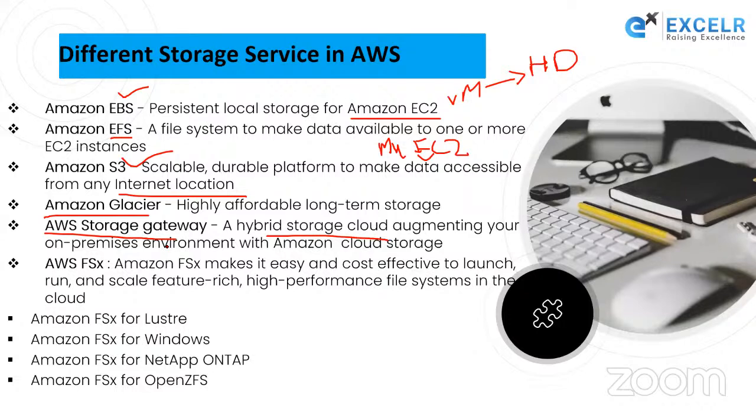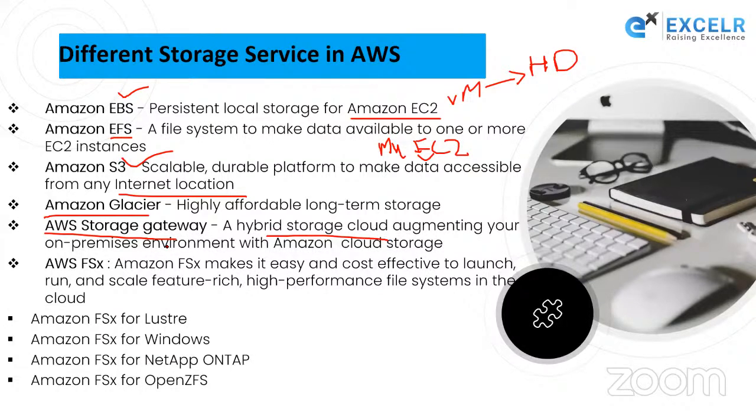Then we have a very fast and highly performant file system which is called AWS FSx. In AWS FSx, we have different types of FSx systems. First is FSx for Lustre. This is a high performance, feature rich, highly scalable FSx storage service for the Linux operating system.